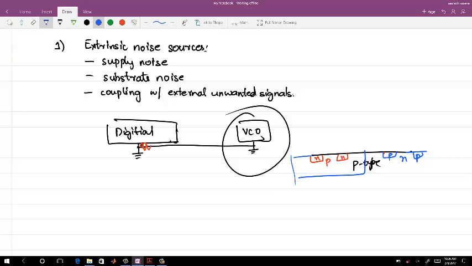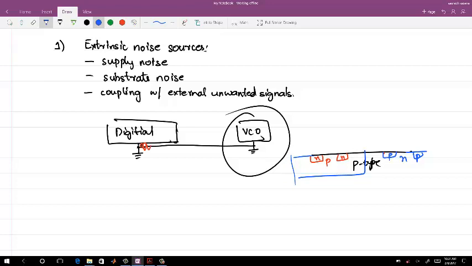They are called deep N well devices, where you can separate them. So in cases where the circuits are very sensitive to the supply or substrate noise, you make those circuits in a deep N well, and thus isolate them from the other part of the substrate. But some coupling will always be there, you cannot just eliminate it. Okay.